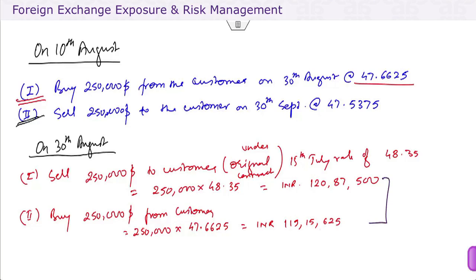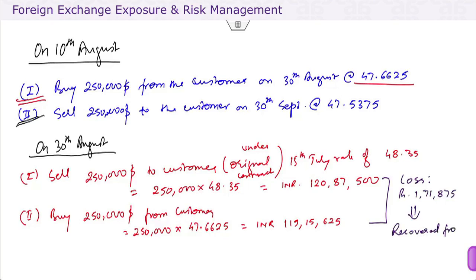You're buying at 119 lakhs 15,625 and selling at 120 lakhs 87,500. So there is a loss. If you check the difference, it is 120 lakhs 87,500 minus 119 lakhs 15,625, which comes to 1,71,875.